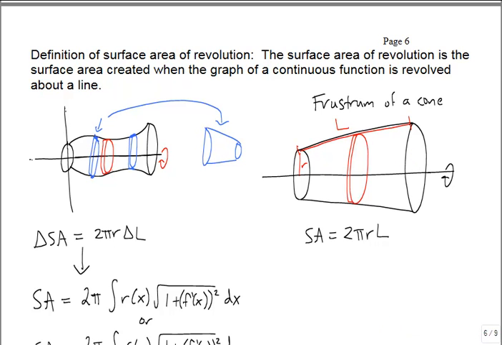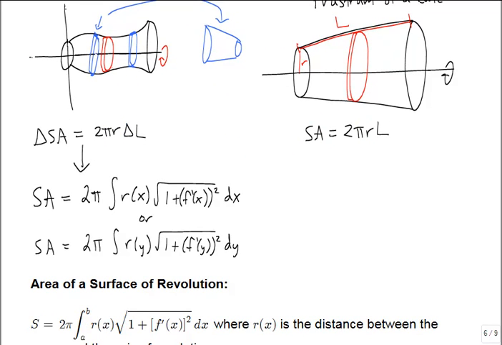Okay, so using that idea, we can say that the amount of surface area in just this little slice is given by 2 pi r times the change in that arc length, that change in that length. And when you take a limit and make these slices get smaller and skinnier, then this turns into an integral.